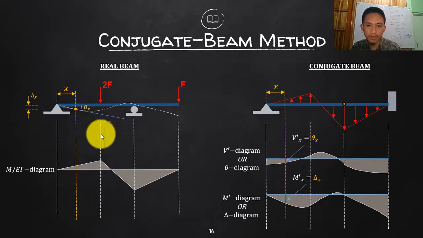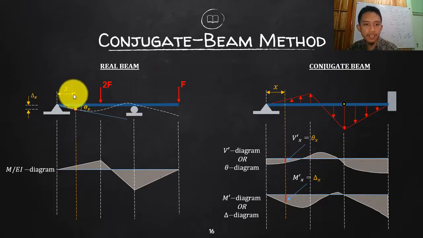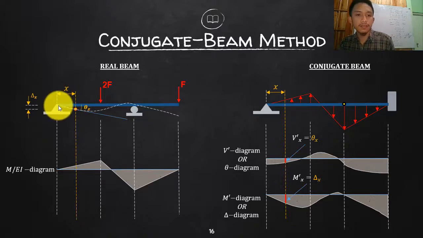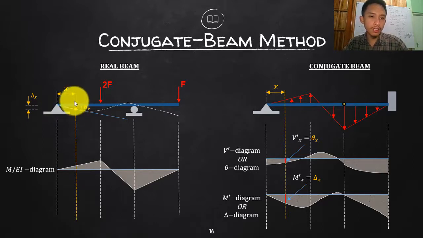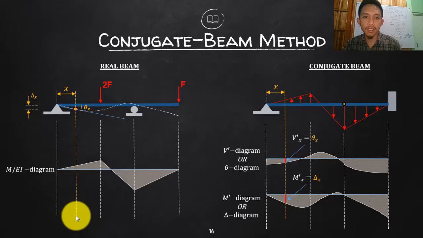And then the moment diagram will be the deflection, or the delta, automatically from the undeformed shape. So let's say I will consider a point at a distance x from this hinge, or from this pin. I want to know the rotation at this point at distance x and the deflection of this point at distance x. So let's say that is what I want.